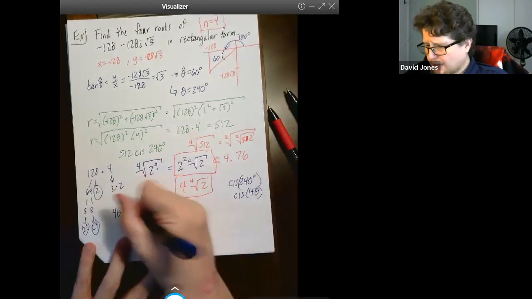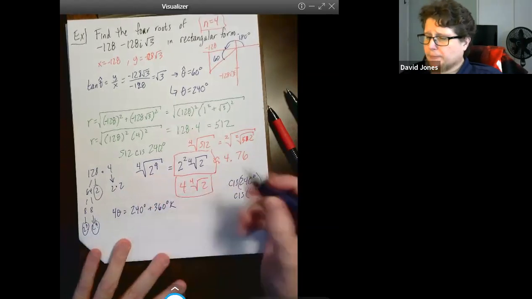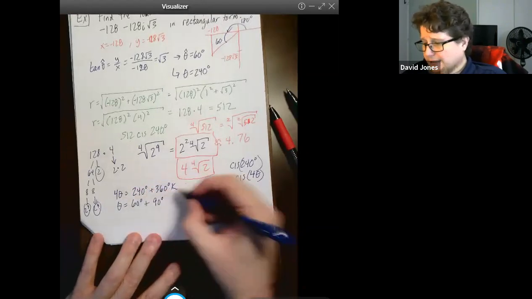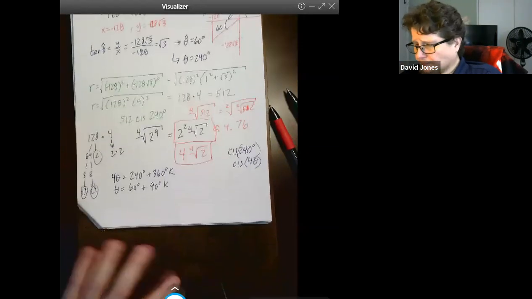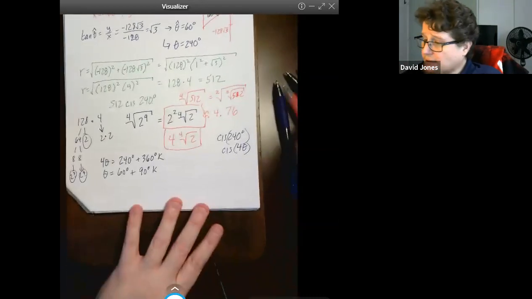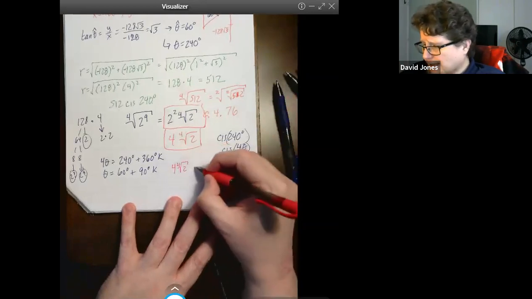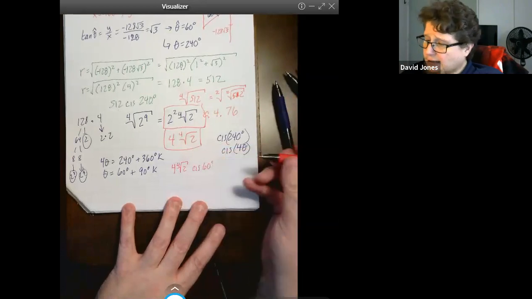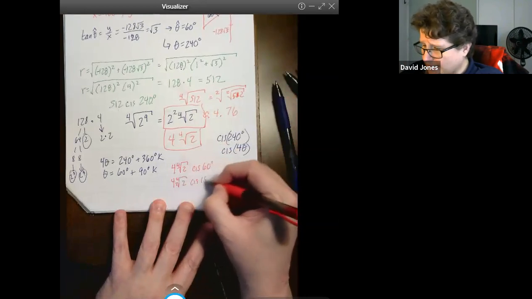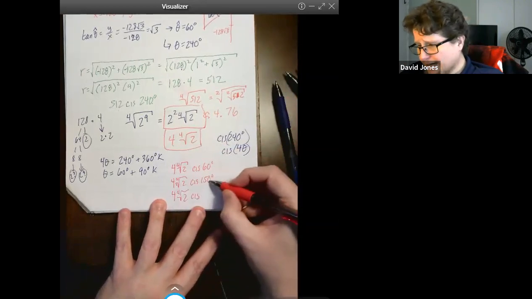So 4 theta equals 240 degrees plus 360 degrees K. Theta equals 60 degrees plus 90 degrees times K. And my 4 roots: 4 times the fourth root of 2, cis 60. 4 times the fourth root of 2, cis 150. 4 times the fourth root of 2, cis, we add another 90, is 240.